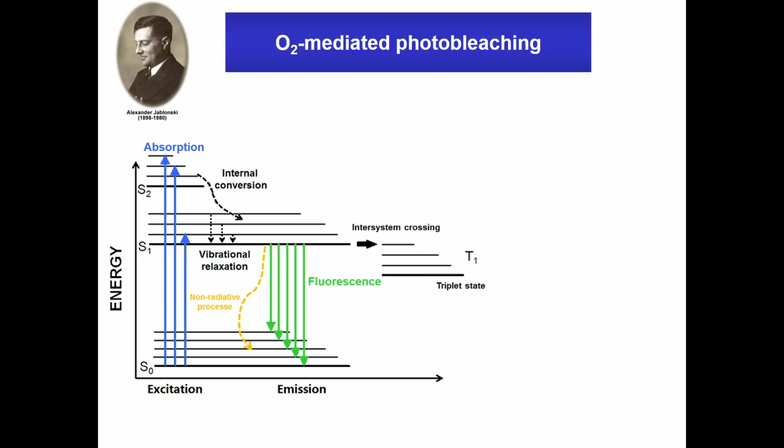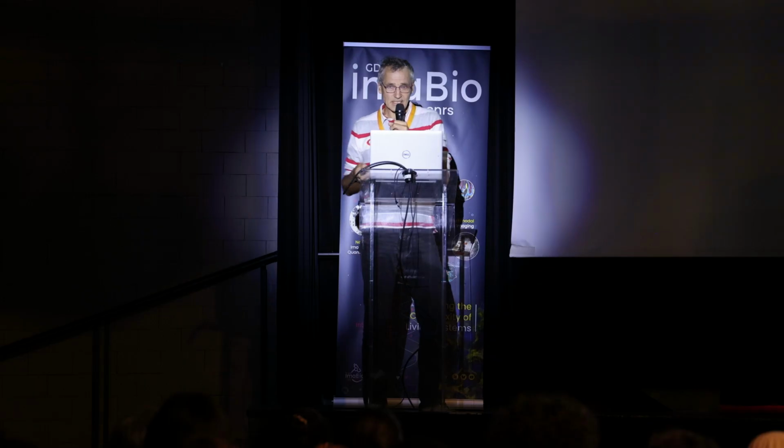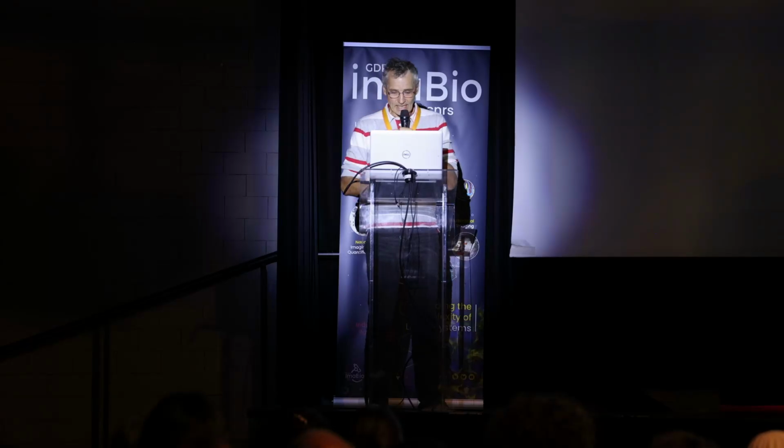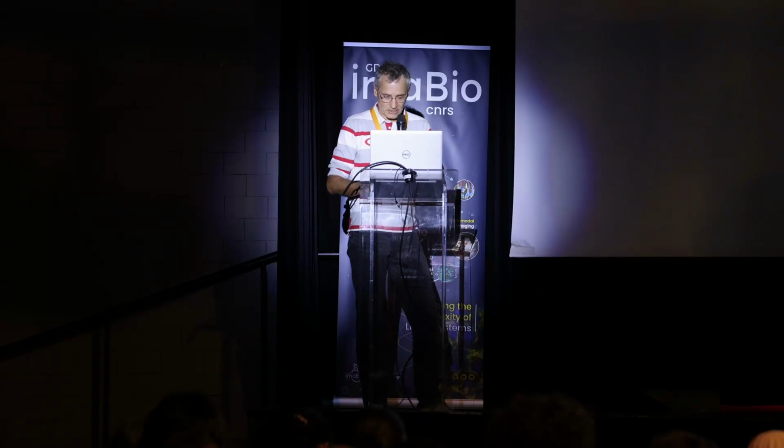And one particular thing that can happen, and does happen very often, is that T1 is a triplet state, and it turns out that oxygen, O2, in its ground state, is also in a triplet configuration. So these two, they like each other very much.